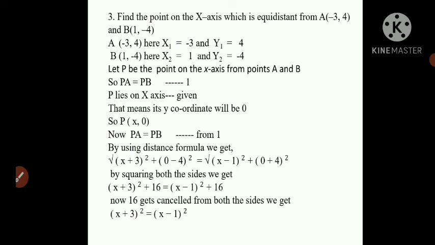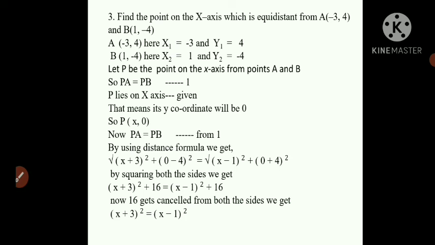Now this is of the form (a plus b) the whole square on the left hand side is equal to (a minus b) the whole square on the right hand side. So see, now when you use this expansion formula, on the left hand side we have (x plus 3) the whole square. There we will use (a plus b) the whole square. So a means x and b means 3. So a square means x square, plus 2ab means 2 multiplied by x multiplied by 3 will be 6x, plus b square means 9. 3 square will be 9.